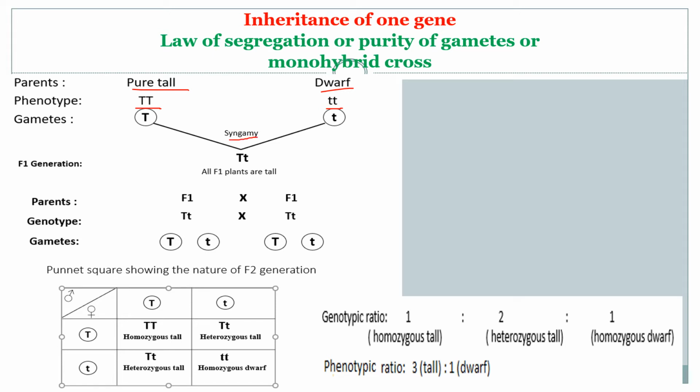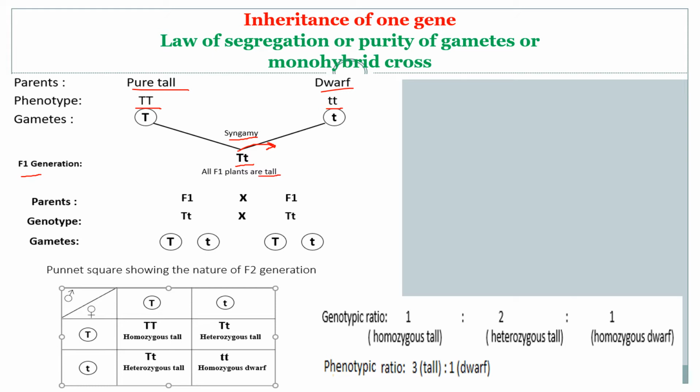In the F1 generation, all plants are found to be tall because of the law of dominance. Here one capital and one small are there, and the capital character always expresses because the dominant gene always expresses. So all F1 plants are found to be tall.